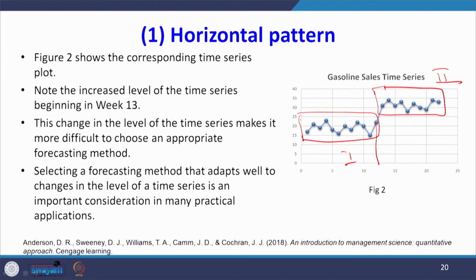This change in the level of the time series makes it more difficult to choose an appropriate forecasting method. Selecting a forecasting method that adapts well to changes in the level of a time series is an important consideration in many practical applications. So, the forecasting technique which you use has to incorporate the change in level.